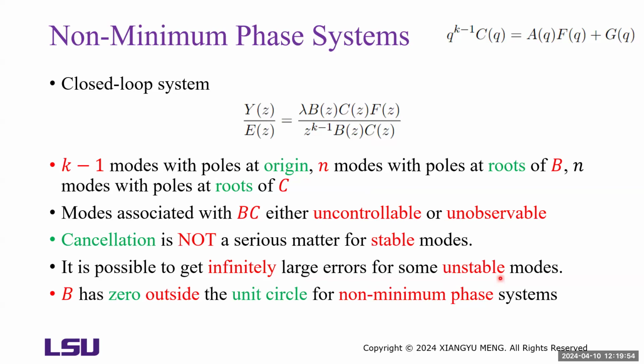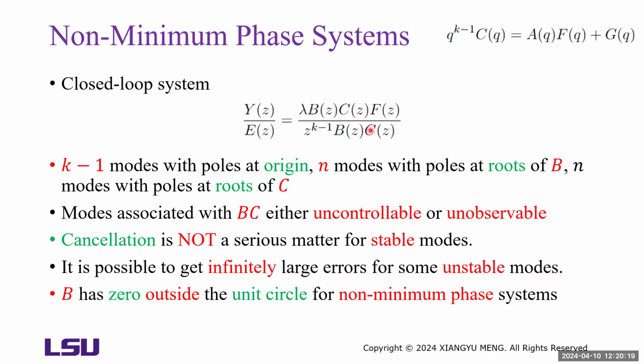So this situation will occur if the polynomial B times C has roots outside or on the unit circle. It follows from the representation theorem for stationary random processes that C can always be chosen to have zeros inside or on the unit circle.